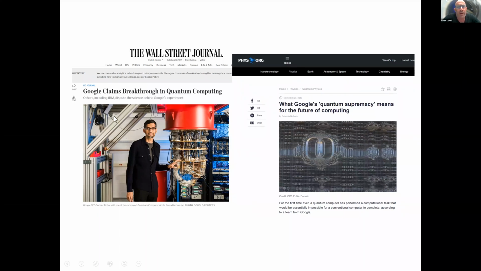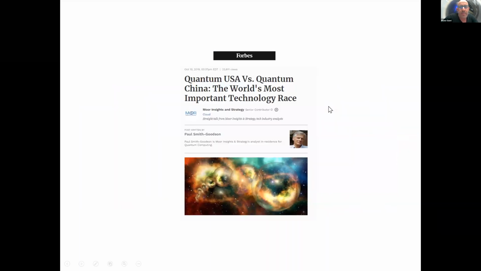About a year and a half ago, Google announced that with a quantum computer of 53 qubits, they were able to carry out, for the first time, a calculation that could not have been done using regular classical computers. The first demonstration of quantum advantage really caught the attention of the public eye.